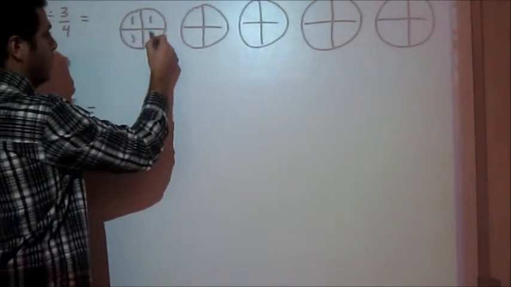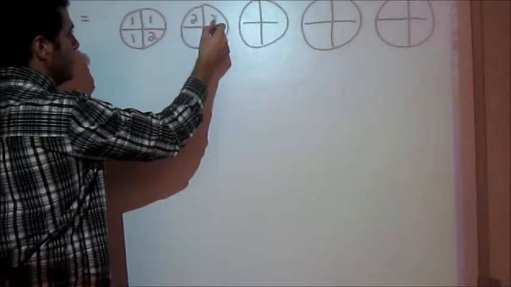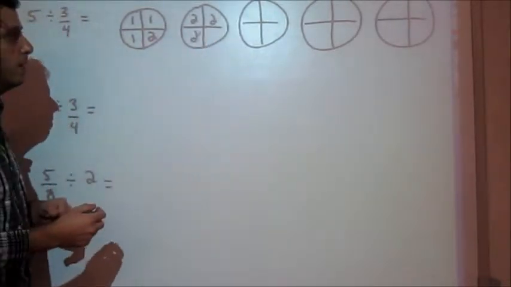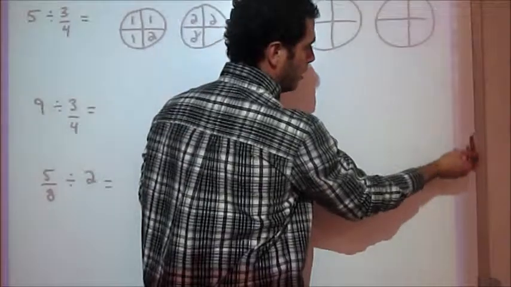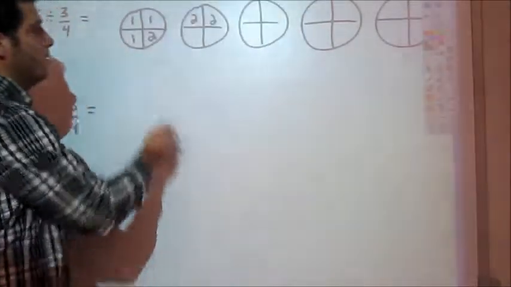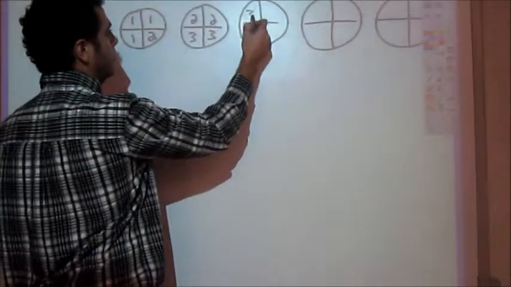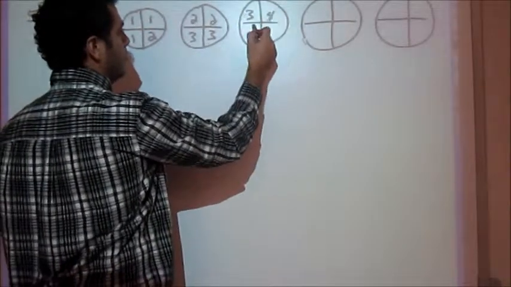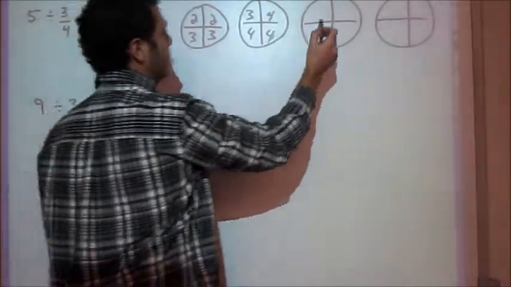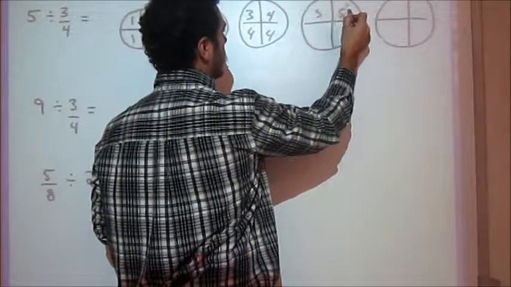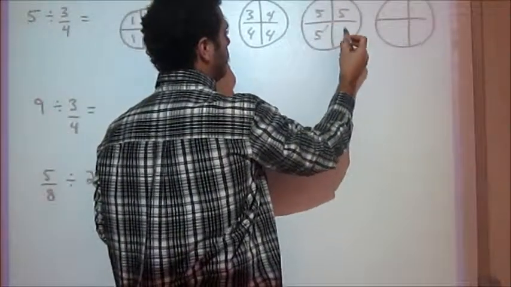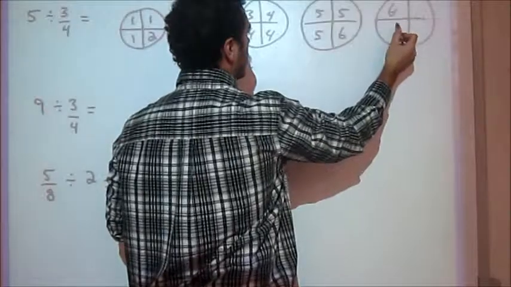So now I'm going to do the second set. Second set of 3/4, actually, I put 1 extra there. That's the second set of 3/4. Here's the third. Here's the fourth. Here's the fifth. Here's the sixth.